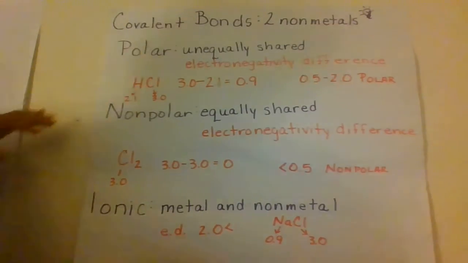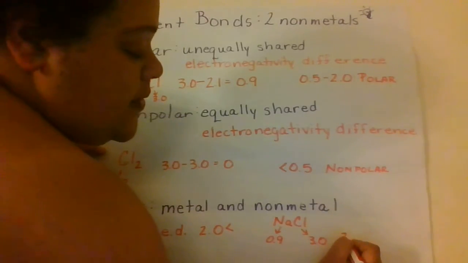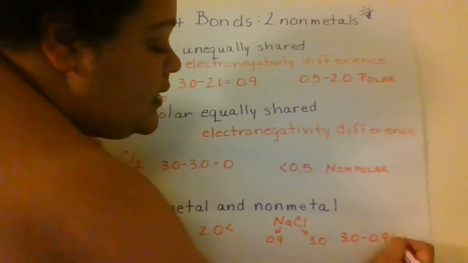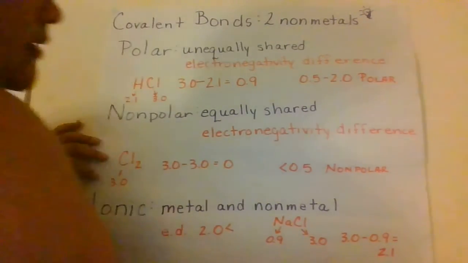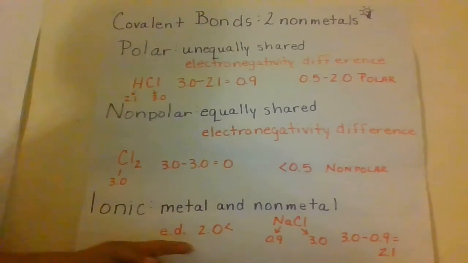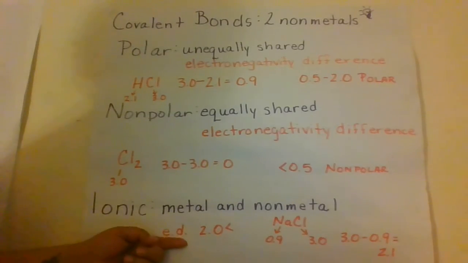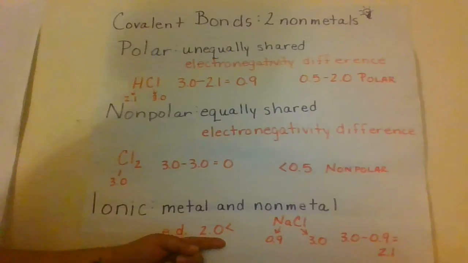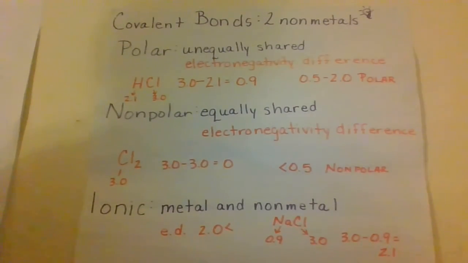So what happens when we take the difference of these? 3.0 minus 0.9 is going to yield us a difference of 2.1. As we see, that definitely goes with the rule that the electronegativity difference in an ionic compound is going to be greater than 2. And 2.1 is definitely greater than 2.